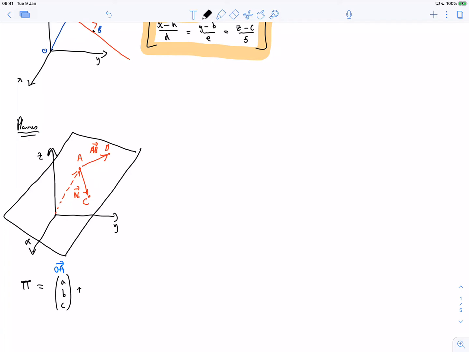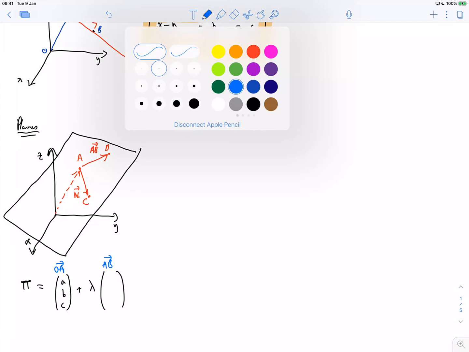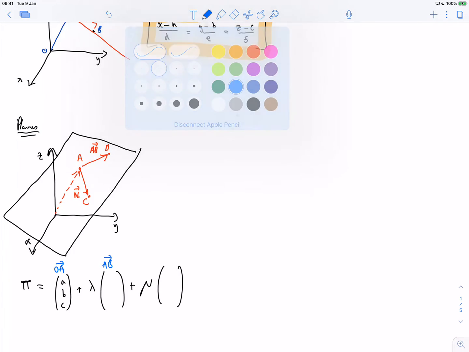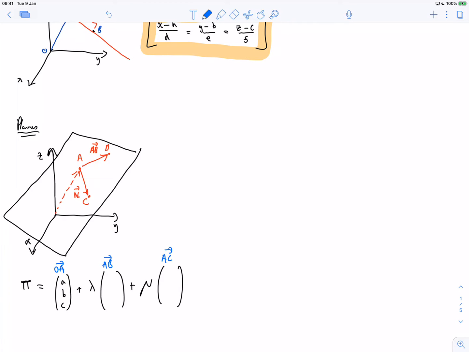So actually we could add some amount of the vector A to B, and we could also add a different scalar parameter of another vector, and this one is A to C. Now this isn't unique, by the way. I could have easily gone from O to B, and then B to A, and then B to C, and the other combinations as well. It literally does not matter.